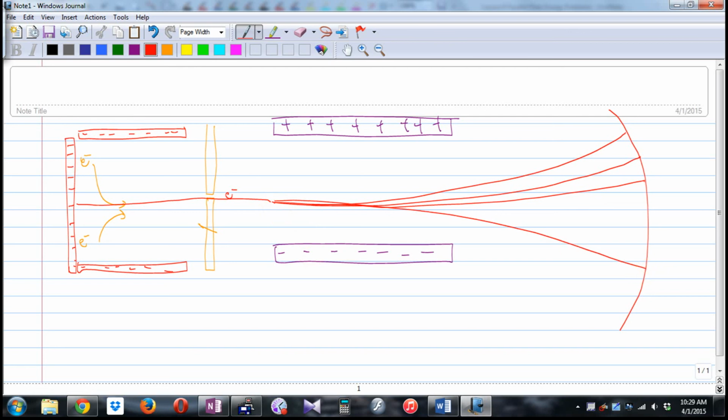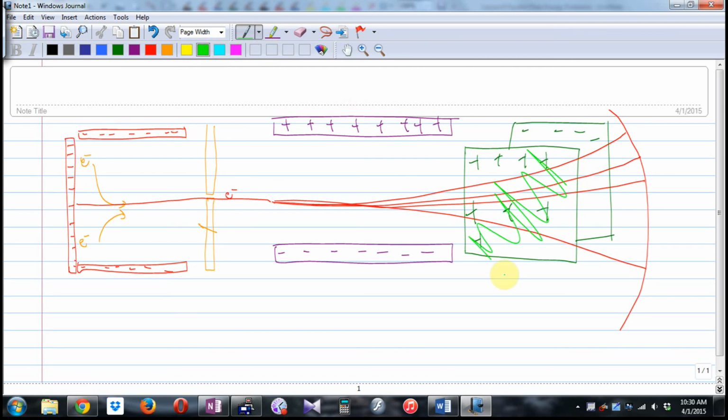Then you have to imagine a third set of plates. I can't draw it because it's 3D, but I'm going to try. The third set of plates would be right here, with one positive side close to us and, this is Mr. Dueck attempting to draw 3D, one negative side away from us. You wouldn't see the electrons; they'd be going between them.